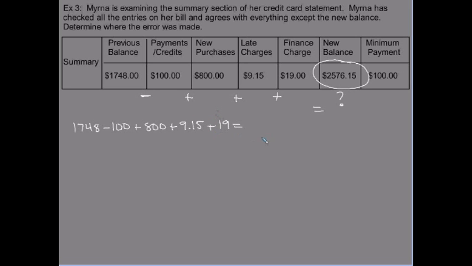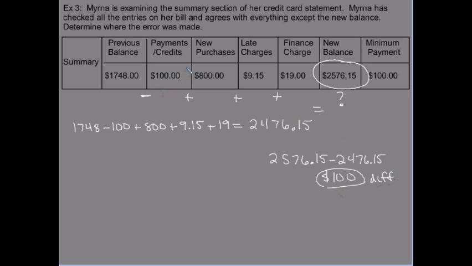And I get 2476.15. Well, they say it's 2576.15. If we subtract that, we're going to get a difference of $100 exactly.